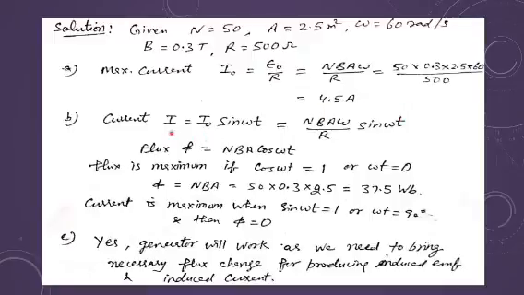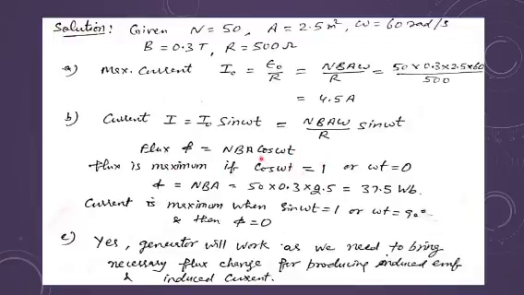Now if you want to write the value of current I, it is equal to I naught sin omega t, which is equal to E naught upon R sin omega t, that is NBA omega upon R sin omega t. And flux is NBA cos omega t. These are the formulas known to me. Now flux will be maximum if cos omega t is 1.